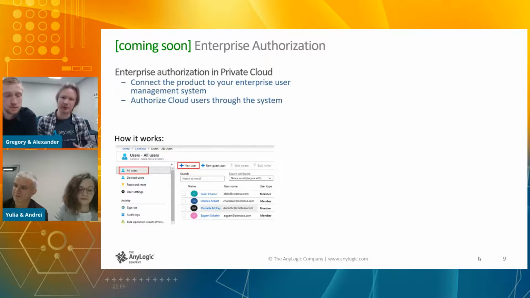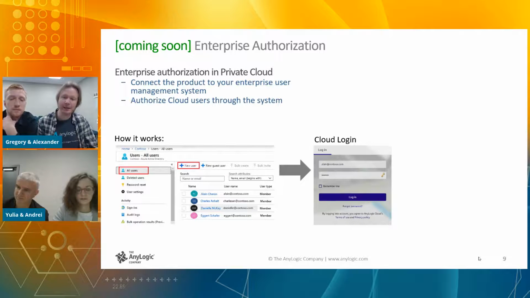Now, this works fairly simply. If you set up the integration from your Private Cloud with your Active Directory or LDAP server, your system administrator can access their tool of choice. Here in this screenshot, we can see Azure Active Directory, where they can add new accounts in their regular way.